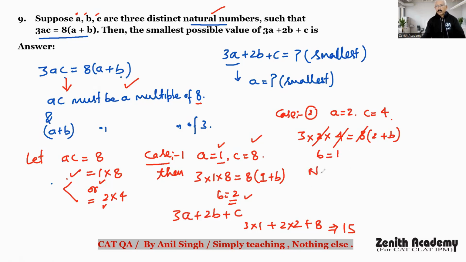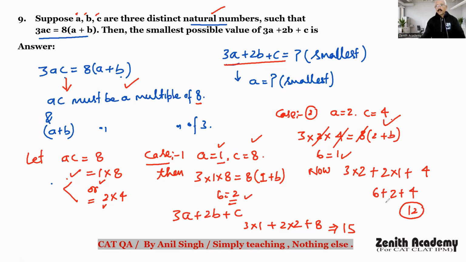And now the value of 3A plus 2B plus C: 3 into A, A is 2, that is 6, plus 2B, B is 1, that is 2, plus C, C is 4. So 6 plus 2 is 8, plus 4 is 12.